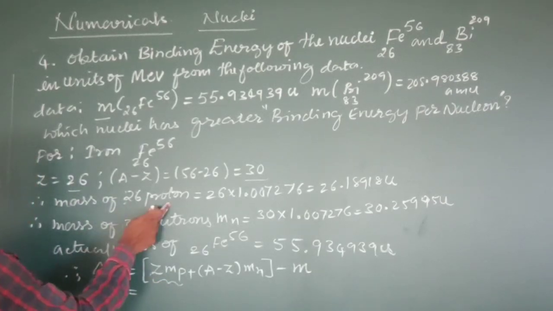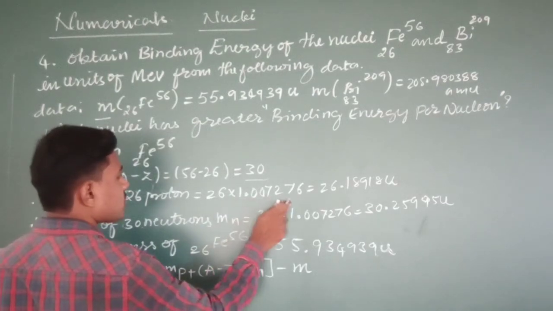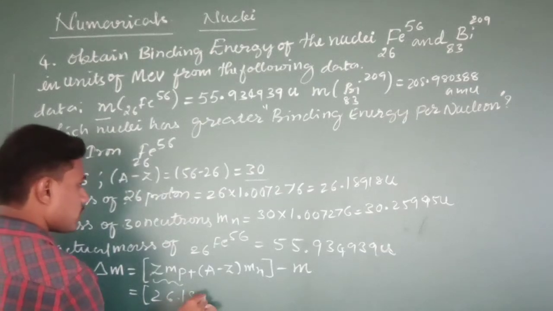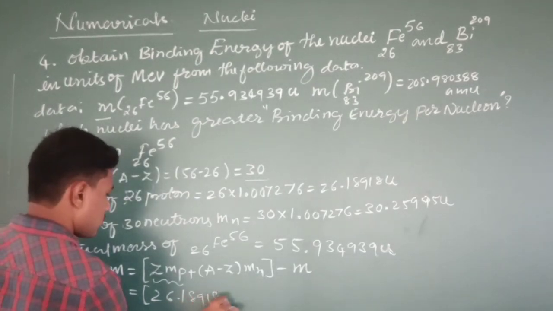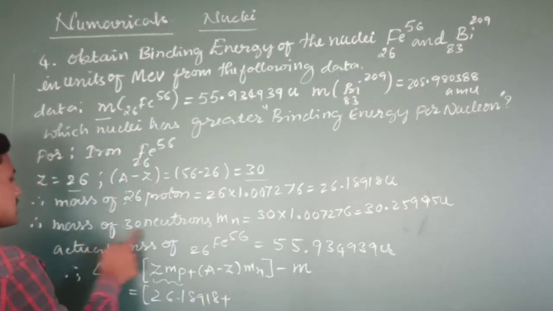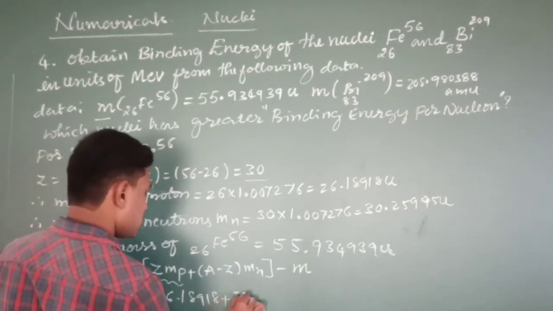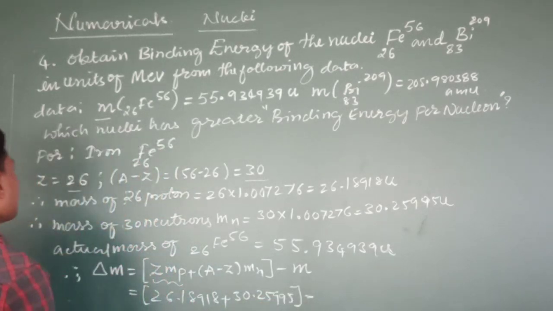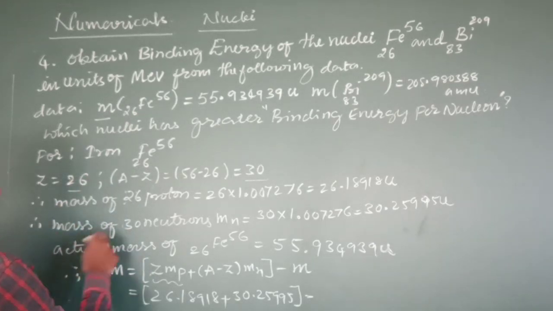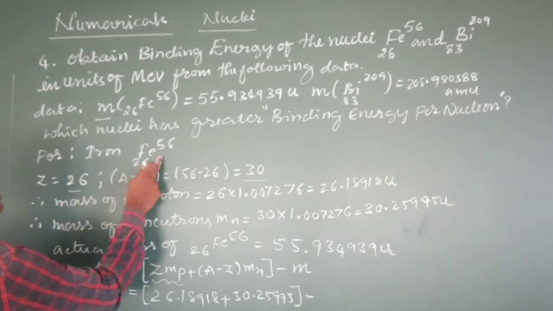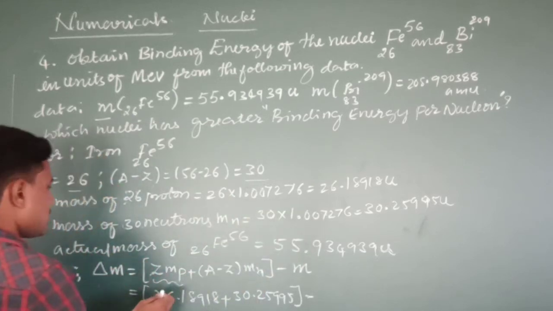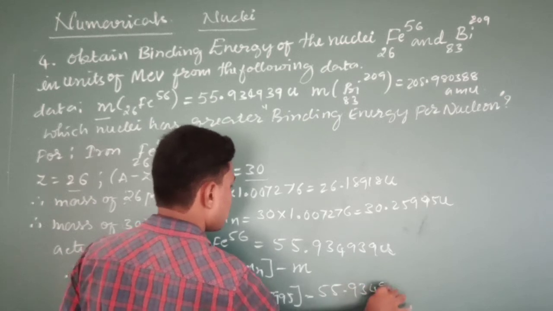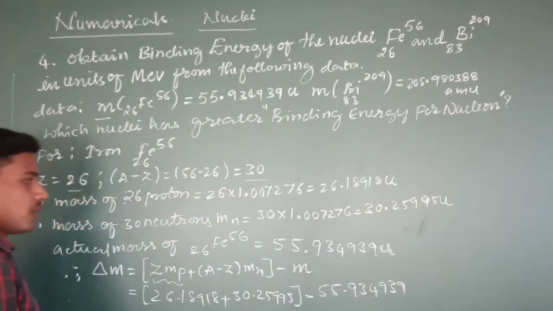There are 26 protons and the mass of a proton is 1.007276, therefore this is the value, 26.18918, plus A minus Z into Mn, that is the mass of neutrons, 30.25995, minus the actual mass of the nucleus for iron, which is given as 55.934939 atomic mass unit.